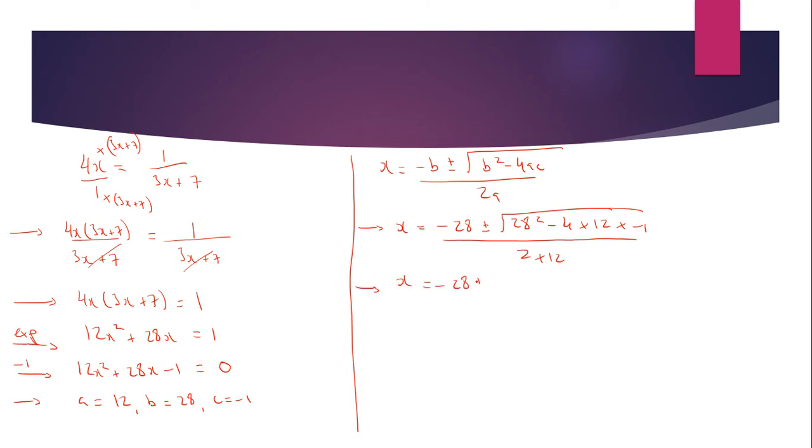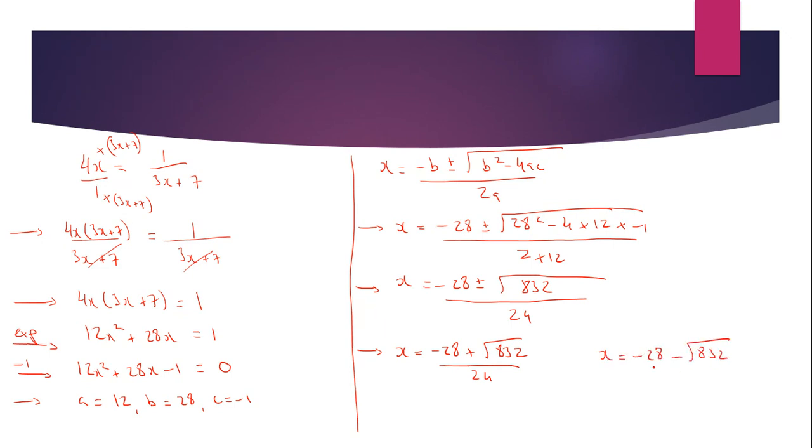Let's work out the inner root. 28 squared, take away 4 times 12 times negative 1, gives me 832. On the bottom is 24. Now my two options. x is minus 28 plus root 832 over 24, or x is minus 28 minus root 832 all over 24.